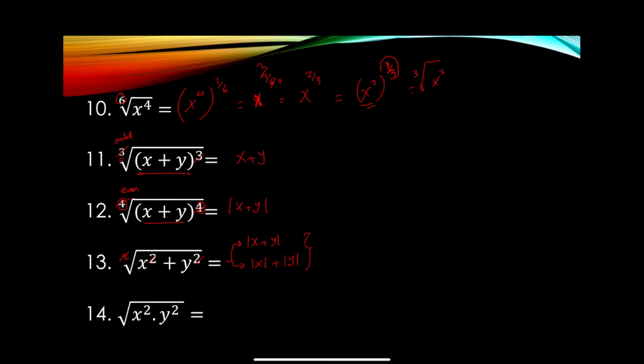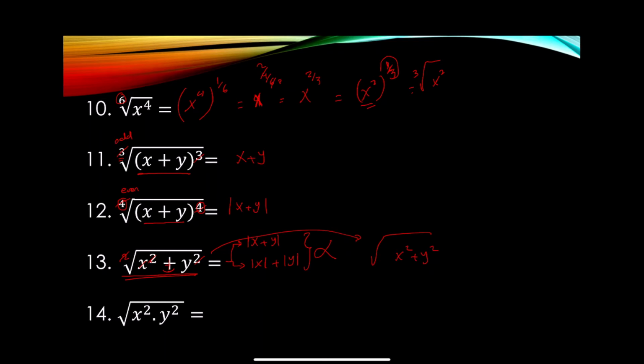And actually both answers are wrong. If the exponent is raised to each variable separately, and there is a positive or negative sign between them, we can't do any more simplifications. So the answer is the same, which is the square root of x squared plus y squared.